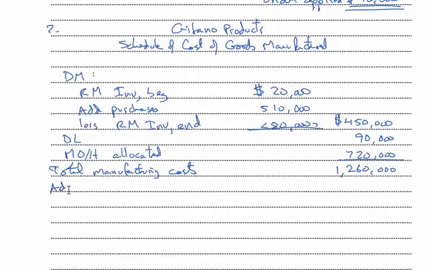Add beginning work in process inventory 150,000. Less ending work in process 70,000.